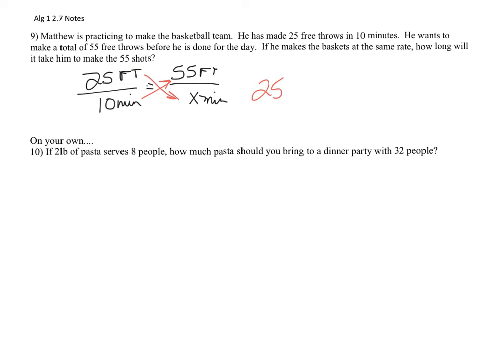We've got 25 times x, and we're going to have 55 times 10. So all we have to do is basically add a 0 to the 55 when we multiply times 10. Okay, let's use the division property of equality.